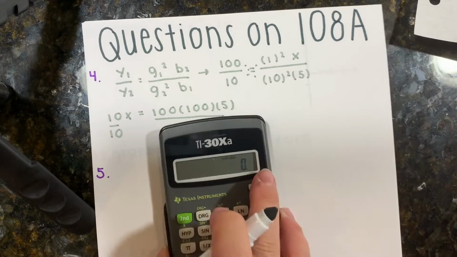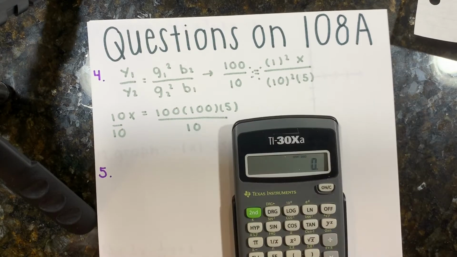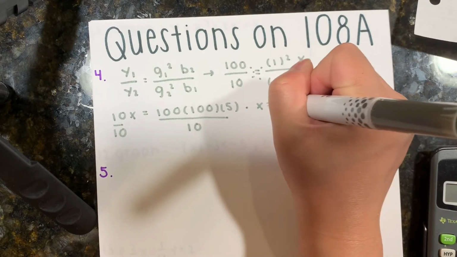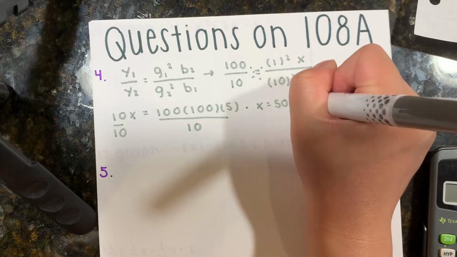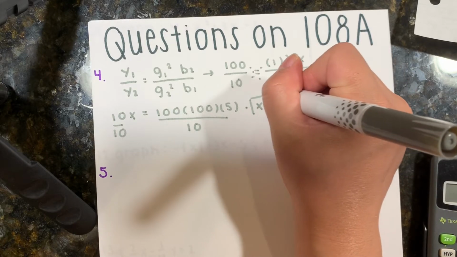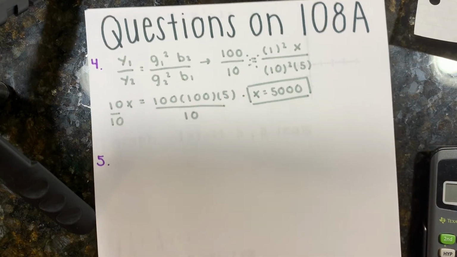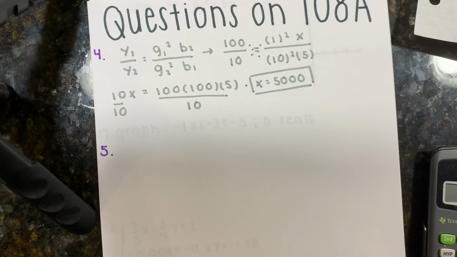So really we get 100 times 100 times 5 divided by 10 would give us 5,000. Okay, and that would be 5,000 blues.